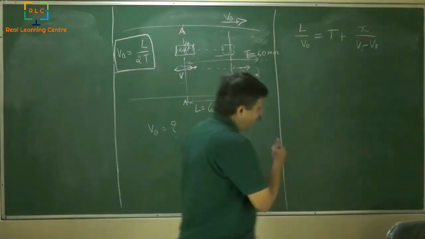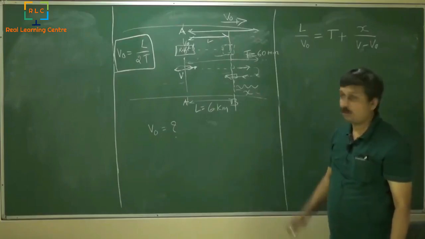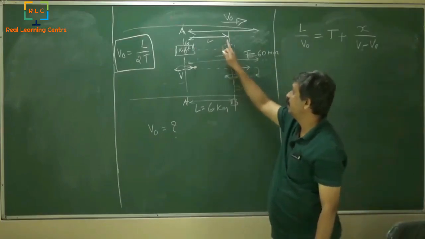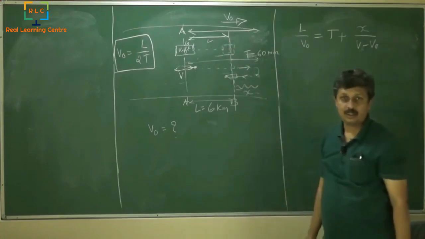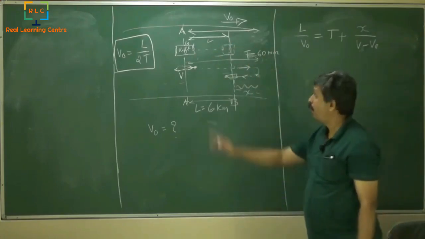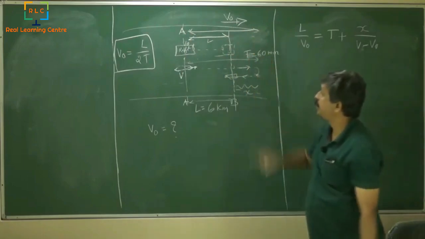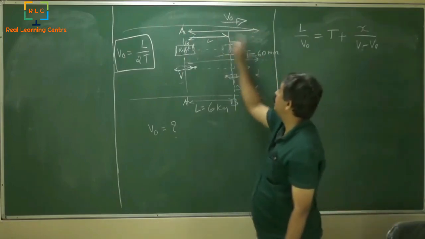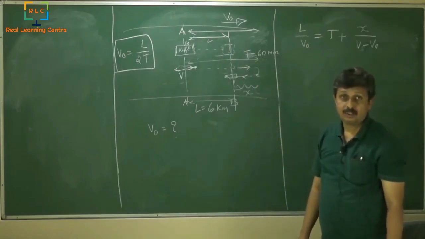So what is x though? Total distance from here to here minus L is this x. Okay. How much has it traveled from here to here? That is its velocity into time. Okay.